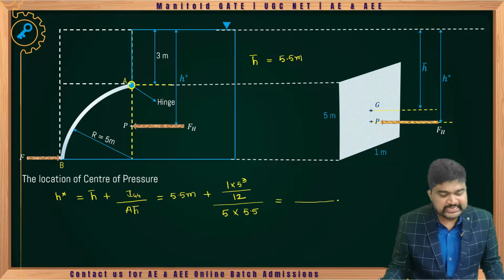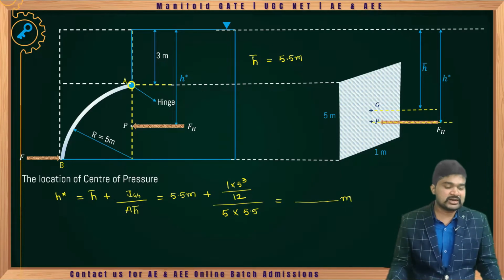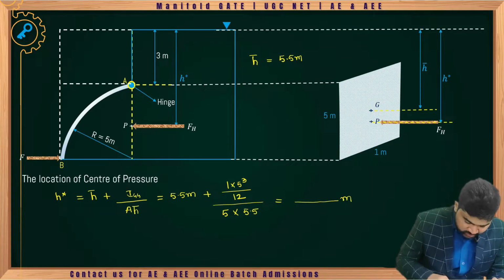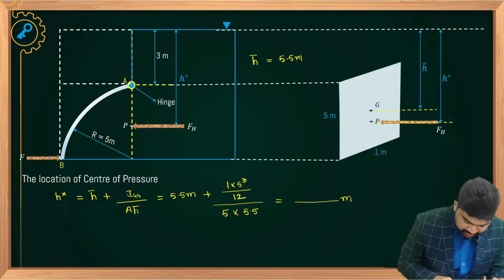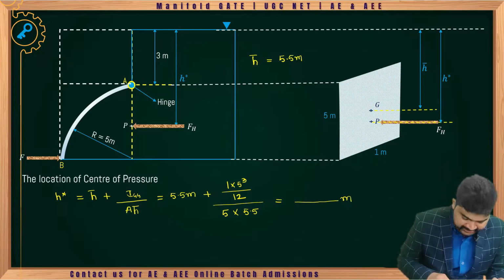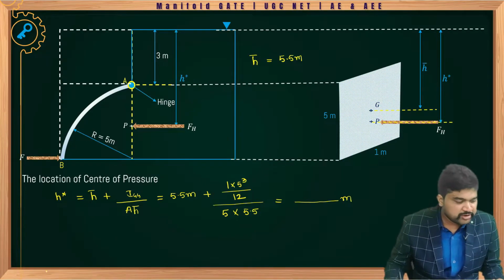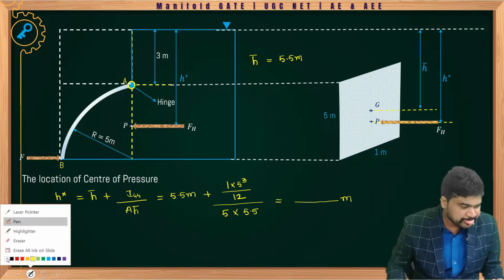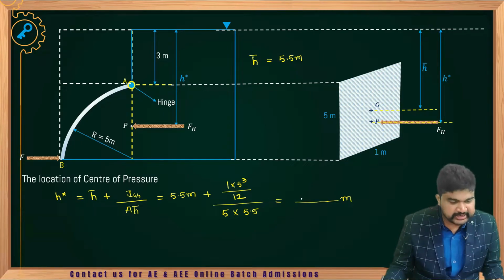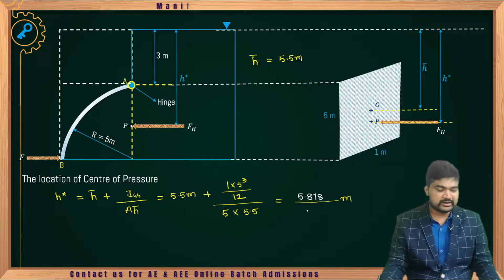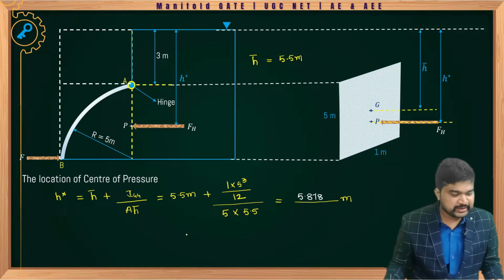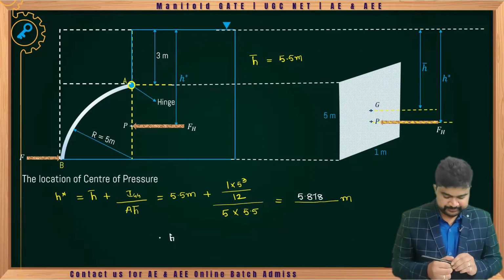Now tell me, what is the value of h star in terms of meter? 5 cube by 12, divided by 5 into 5.5, plus 5.5. So you will be getting 5.878 meter. h star is 5.878 meter.